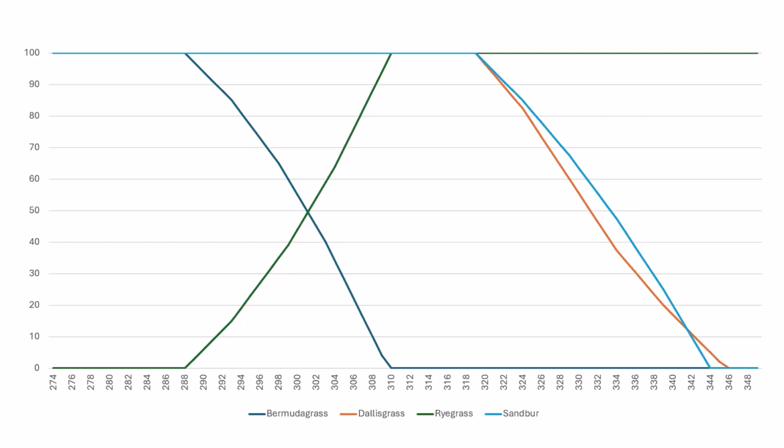And then we also see a warm season annual grass in this system, sandbur, that's starting to drop out about that same time. So in this example, we have a couple opportunities that present themselves. Number one, if annual ryegrass is a weed for my goals, again, this is probably more in the hay producer side of things.